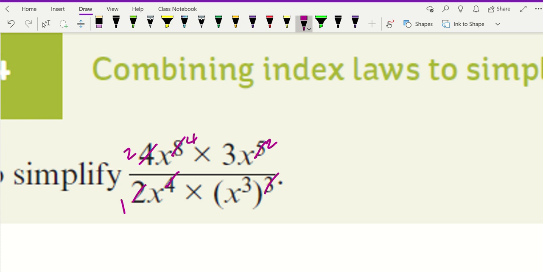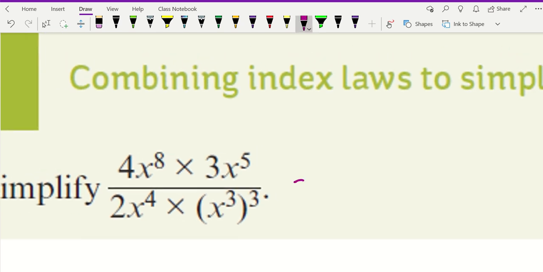So what I might do is just take it back a few steps and do the top first. So there's a few different ways to attack this. So 4x to the power of 8. Oh, well, let's go 4 times 3 is 12. So 12. Now, x to the power of 8 times x to the power of 5.